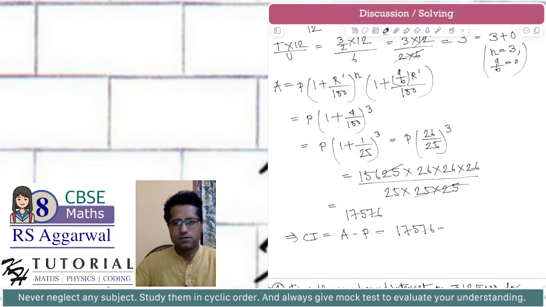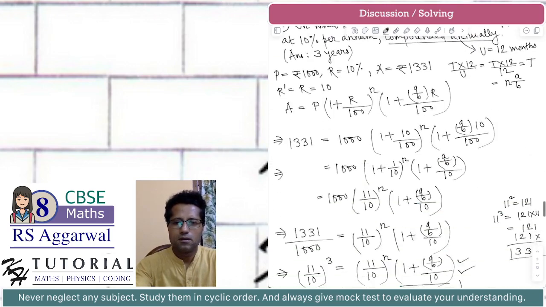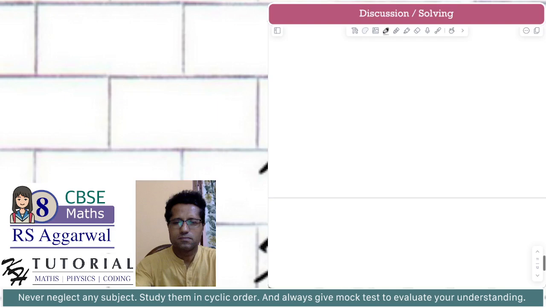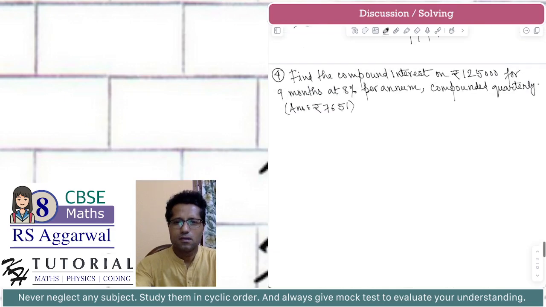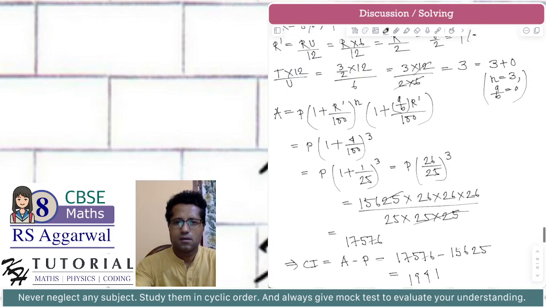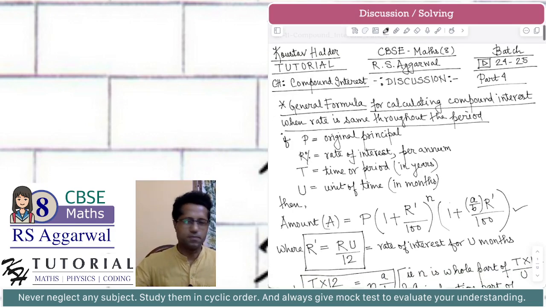So this implies compound interest is equal to amount minus original principal, which is equal to 17576 minus the original principal, which was 15625, and this is equal to 1, 4 and then 9 and then 1. We have to find the, what is happening.